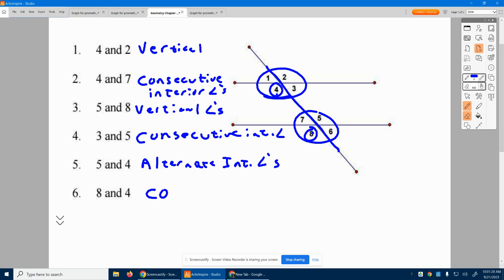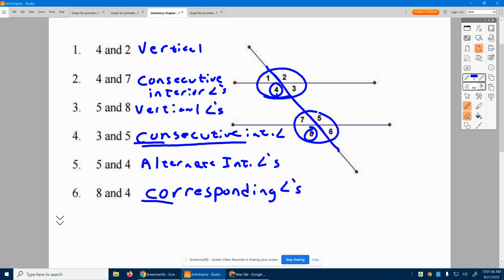So we sometimes do make the mistake of thinking of the word consecutive, okay? But these are corresponding angles. You got to be careful because you have these words that both begin with C's, and I get students that sometimes will flip them up, but they are corresponding because the one corresponds to the other. It matches it up. They're going to always match.